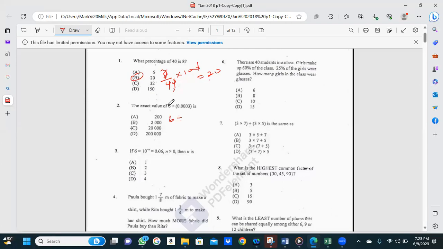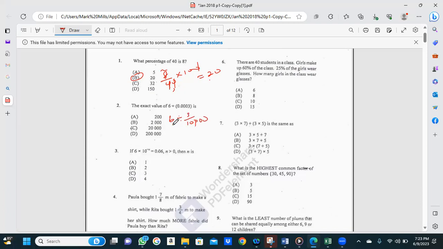Anyone? How many decimal places do I have here? 3 over 10,000. So it would have been 3 over 10,000, right?